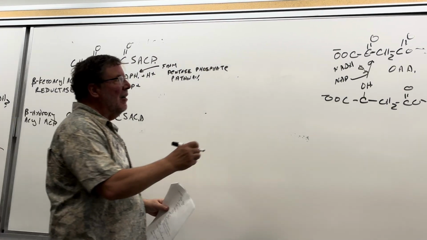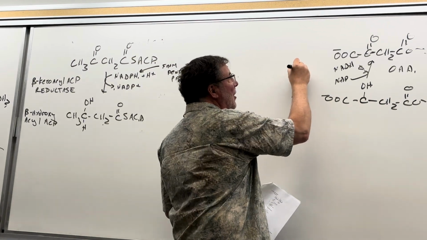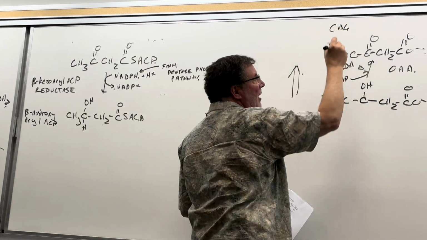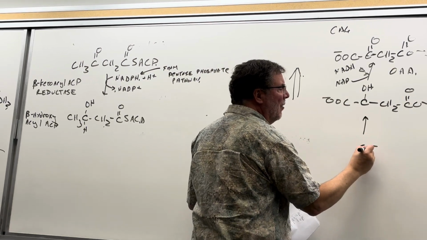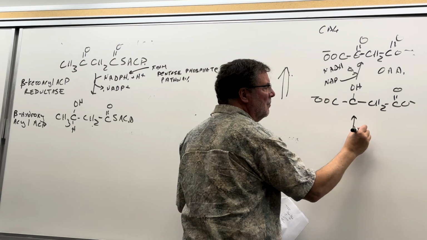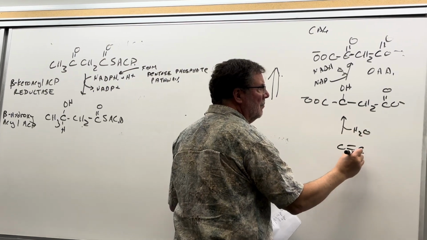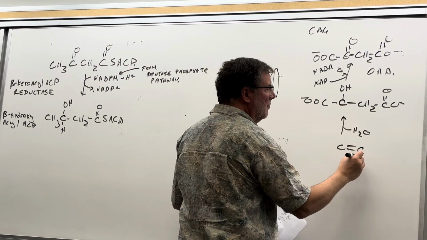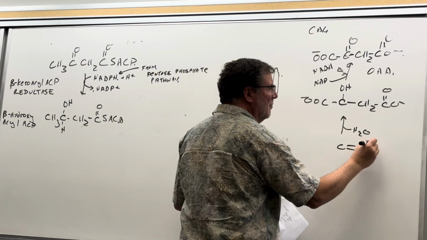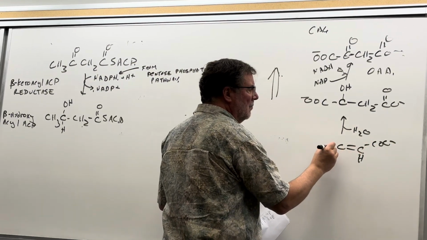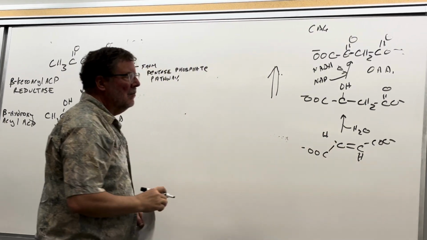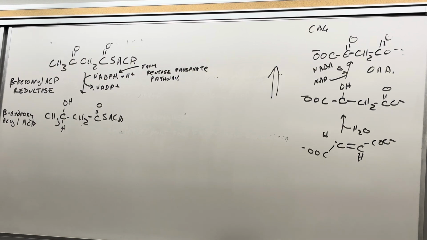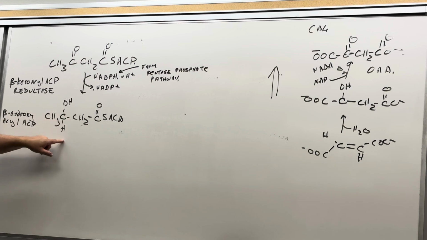Again, back here in our citric acid cycle, which goes in this direction, we got this compound by taking fumarate and adding water to it. That's how we got this. So we're going to basically do the same thing backwards here. We're going to remove water here and create a double bond.